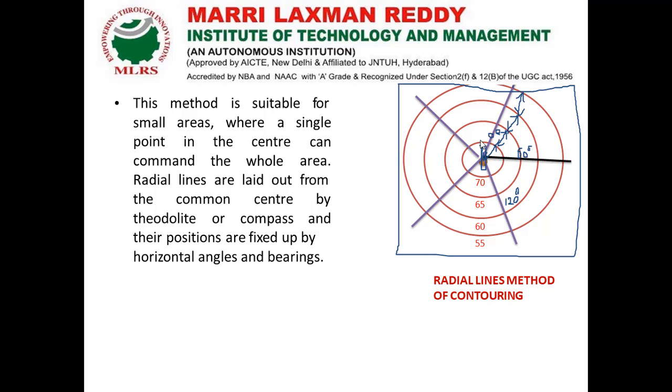So I can get my reduced levels randomly over the entire site. By the method of interpolation, I can fix the contours in the site. That interpolation is a separate part; before that, this is the methodology I use to get the RL of the field.